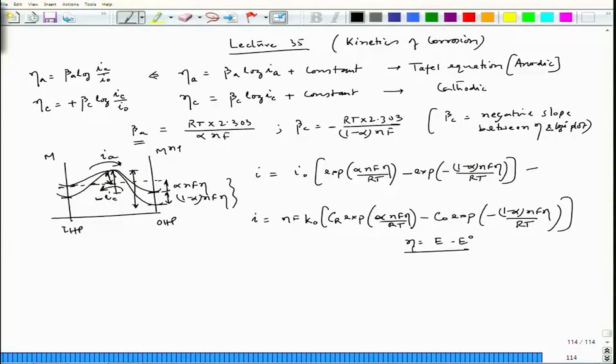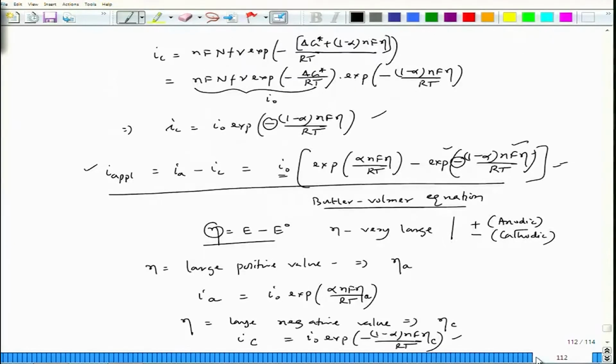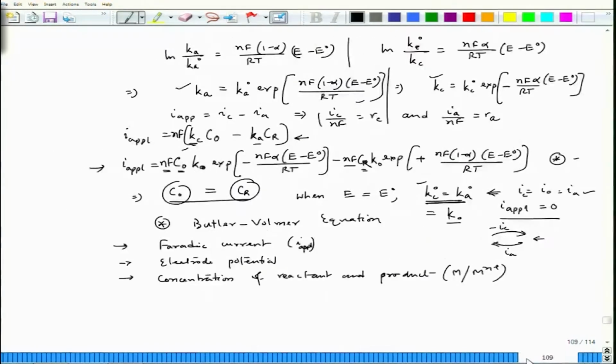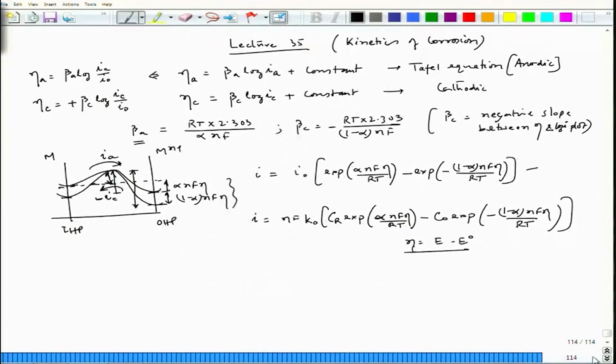And remember, in the previous case, if we go back to that particular expression, that time we considered a reductive symmetry factor, that alpha was reductive, but in the current case we are considering an oxidative symmetry factor, which is why the C R part comes before C O.